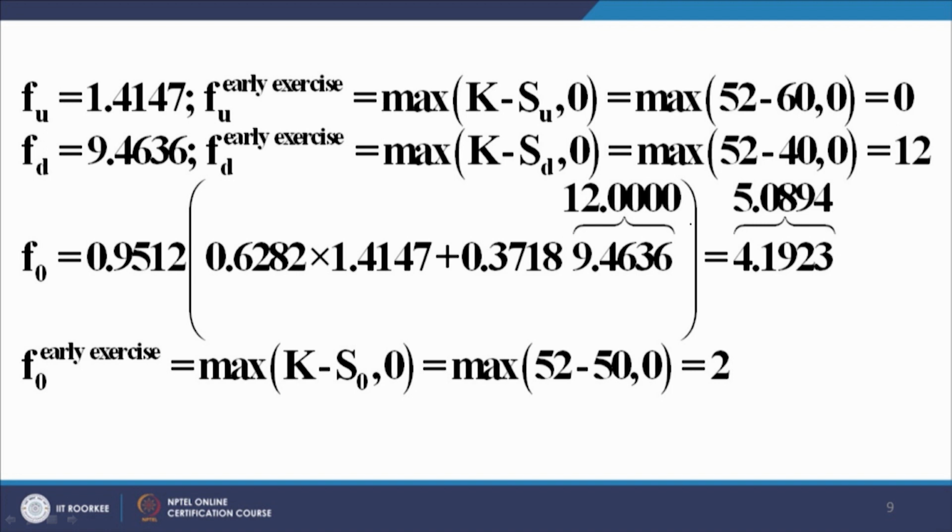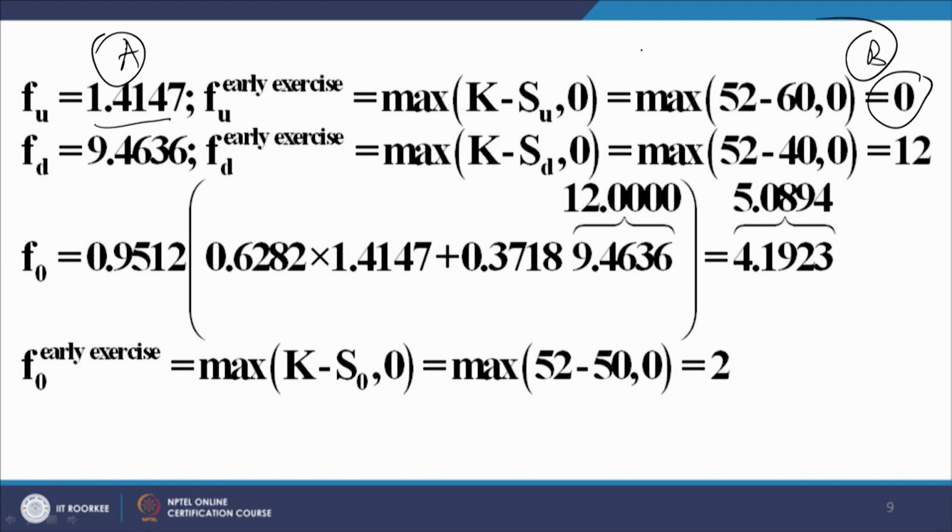F u is equal to this expression, which is F u is equal to 1.4147, but F u early exercise is equal to 0 because at the point B, the stock price is equal to 60 and the exercise price is 52. So, the option will not be exercised. So, the early exercise value is 0. Therefore, the maximum of A and B, that is the computed value and the payoff, is equal to 1.4147.